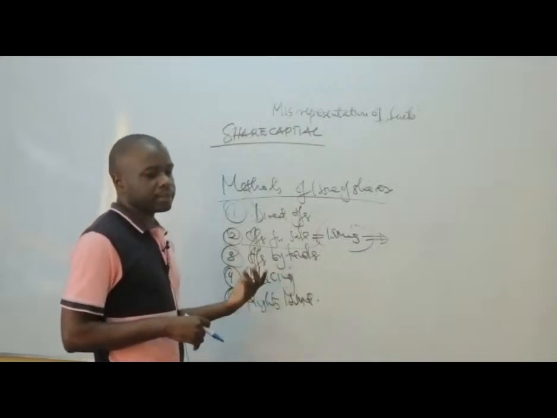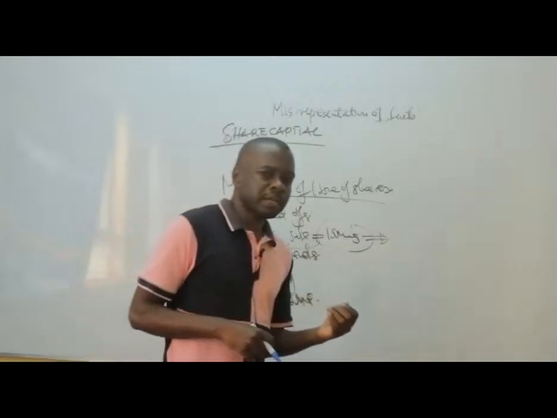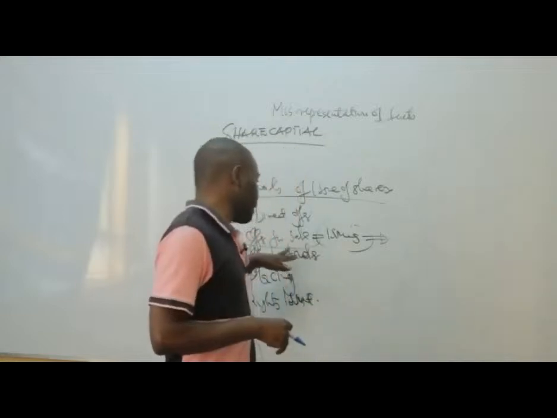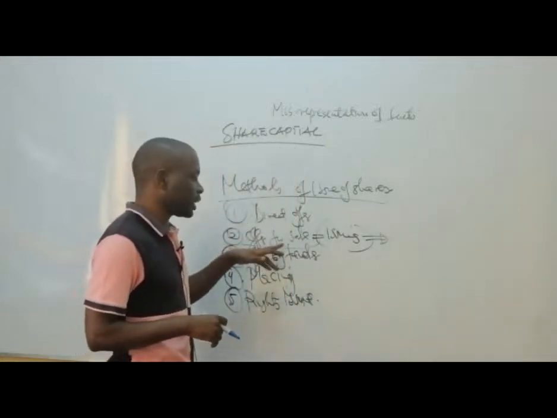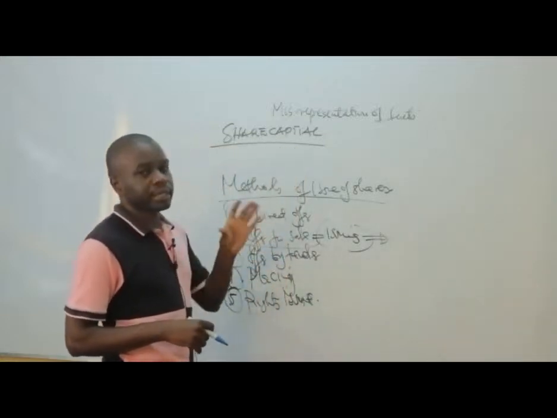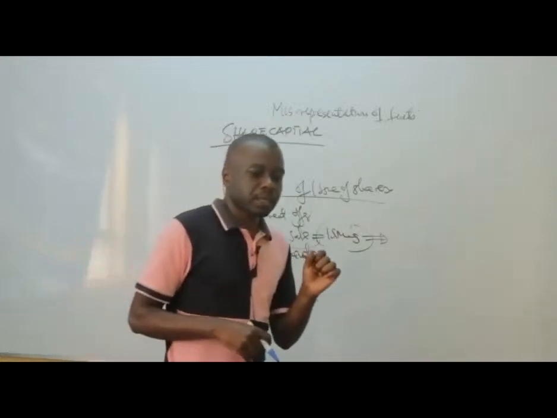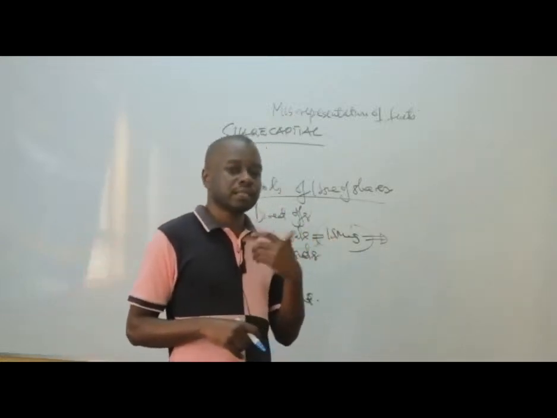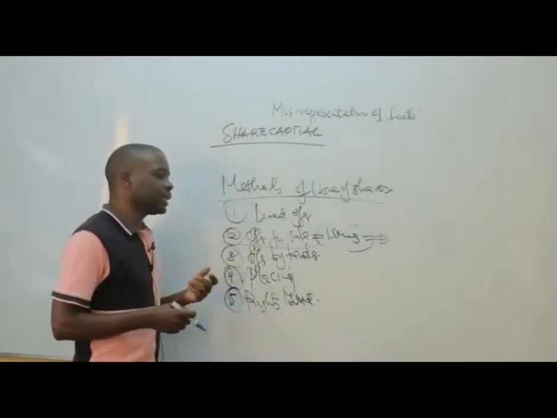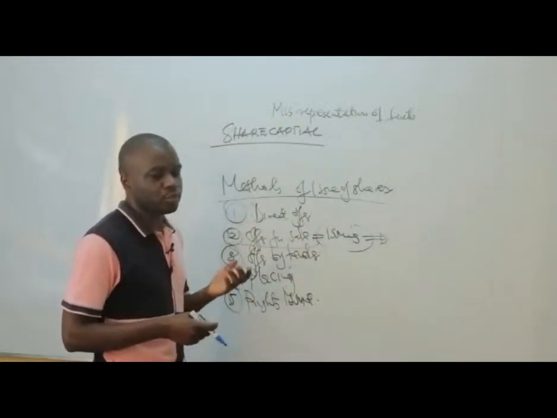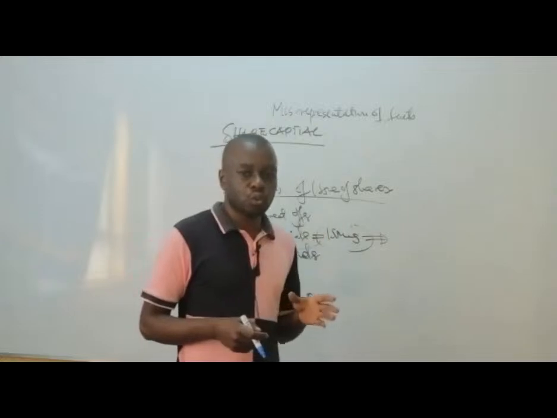Placing. So what happens in this case, the company does not sell the shares to an issuing house like under offer for sale. They simply give the shares to an issuing house. And of course, the issuing house will place the shares with, for example, key investors who are likely to buy the shares in large quantities.